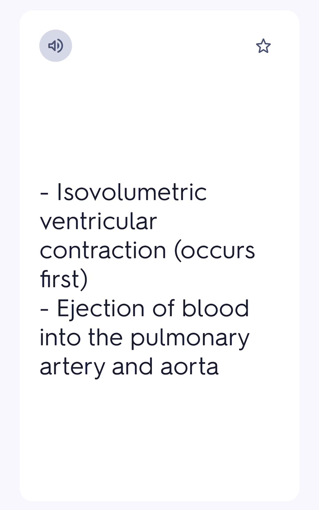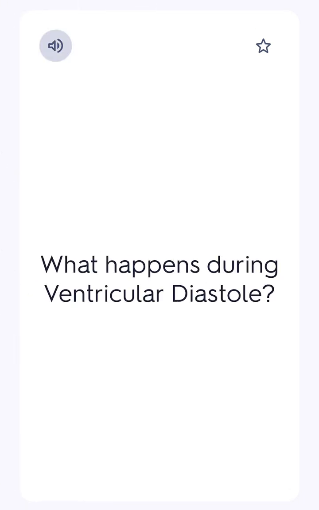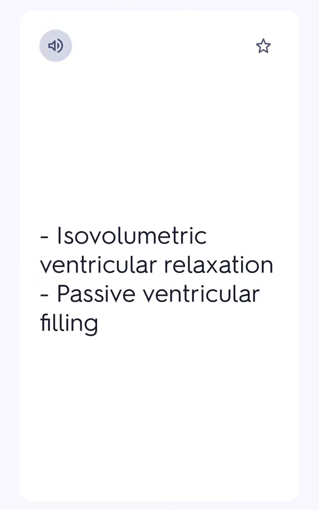Isovolumetric ventricular contraction, ejection of blood into the pulmonary artery and aorta. How long does the ventricular diastole last? 0.5 seconds. What happens during ventricular diastole? Isovolumetric ventricular relaxation, passive ventricular filling.